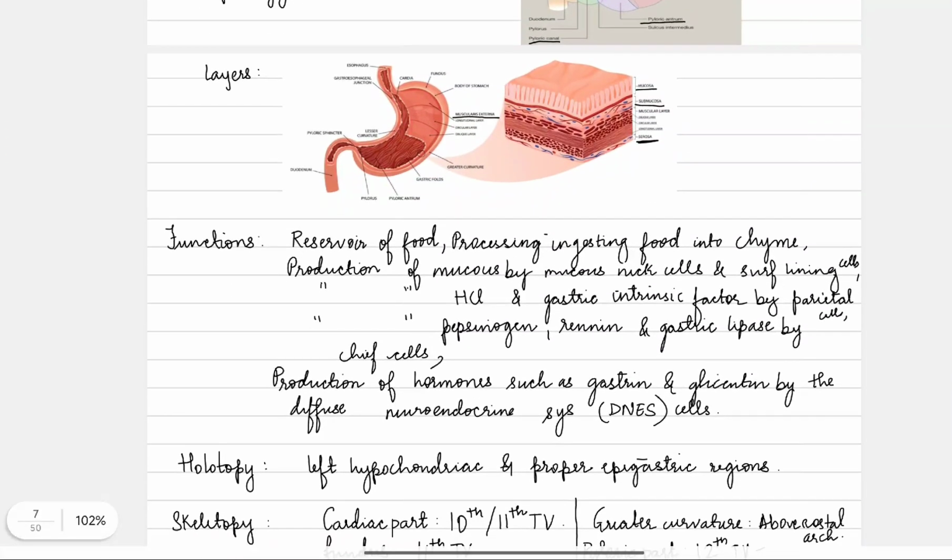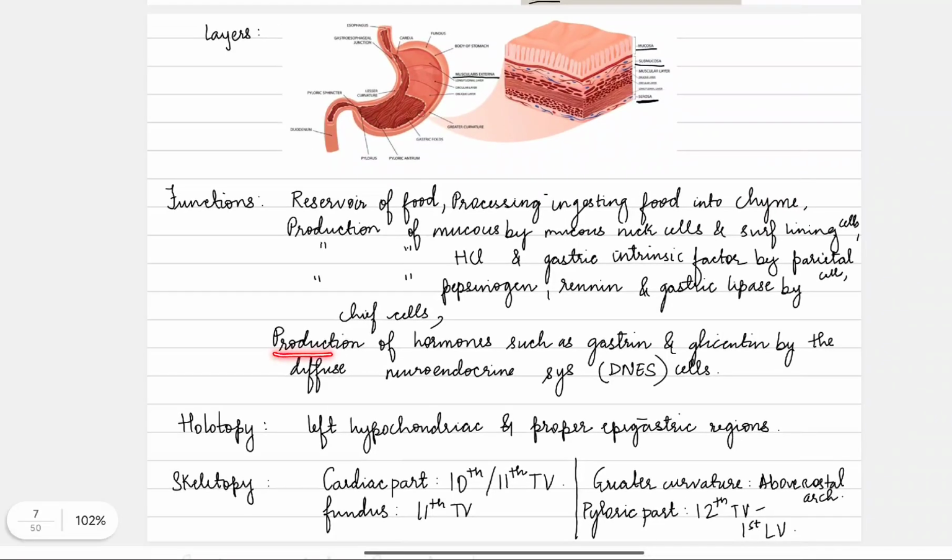Functions: reservoir of food, processing ingested food into chyme, production of mucus by mucous neck cells and surface lining cells, production of HCl and gastric intrinsic factor by parietal cells, production of pepsinogen, renin and gastric lipase by chief cells, and production of hormones such as gastrin and glycine by diffuse neuroendocrine system cells.